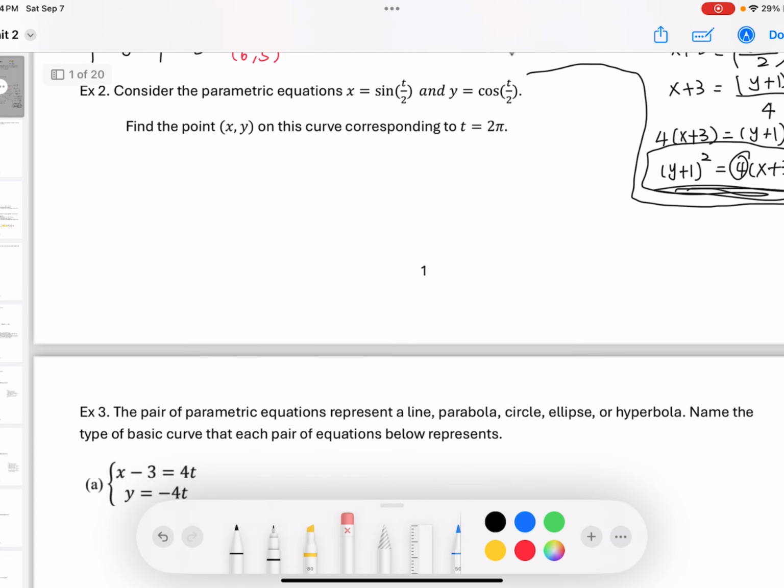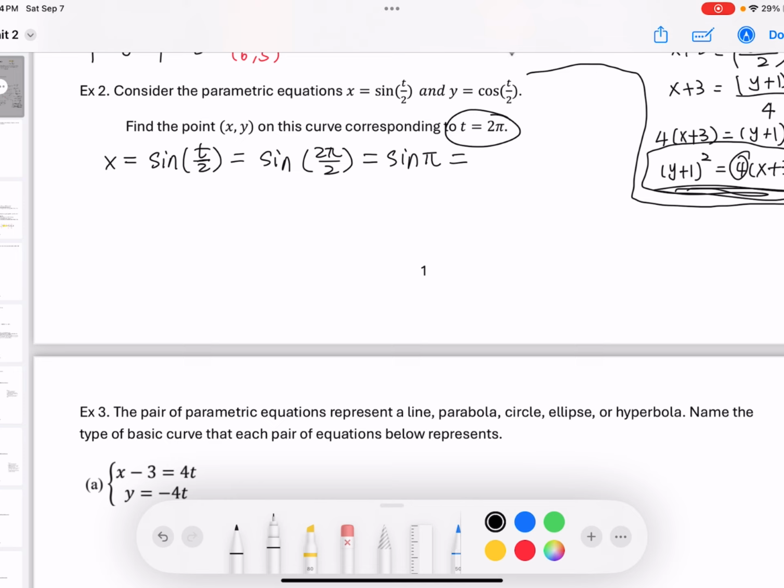So we have x is equal to sine of t over 2. The value of t is given, t is equal to 2 pi. So we have sine of 2 pi over 2, it is sine pi. What is sine pi? Sine pi is 0.